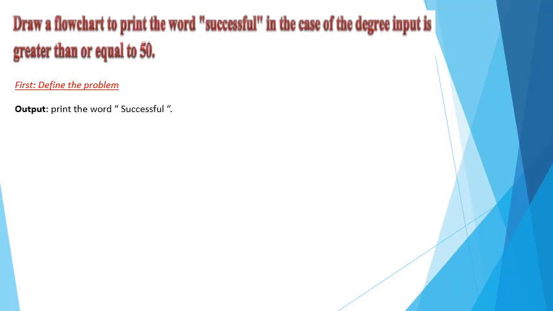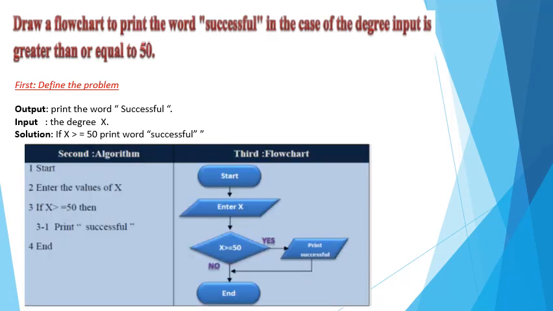The output will print the word successful. The input will be the mark or the degree, which is X. The solution: if x, or the mark, is bigger than or equal to 50, print the word successful. And this is the algorithm and the flowchart of this problem.